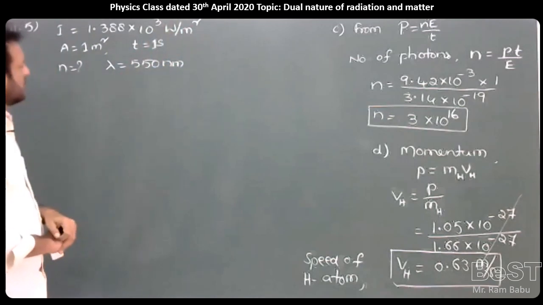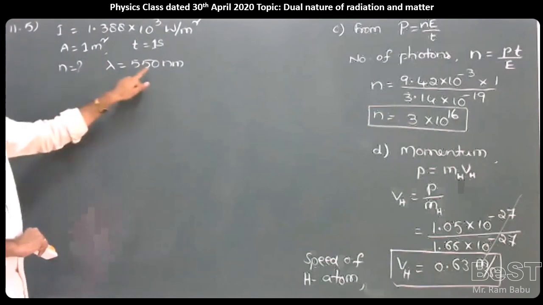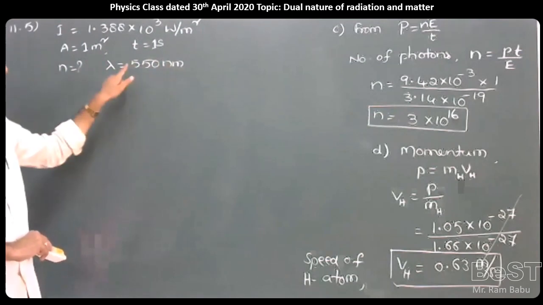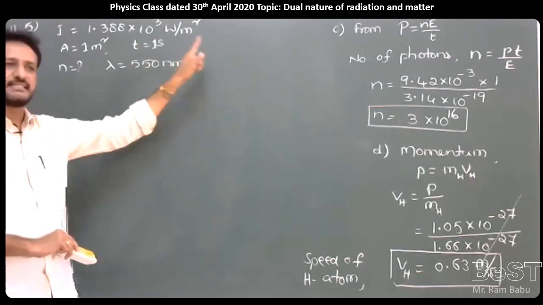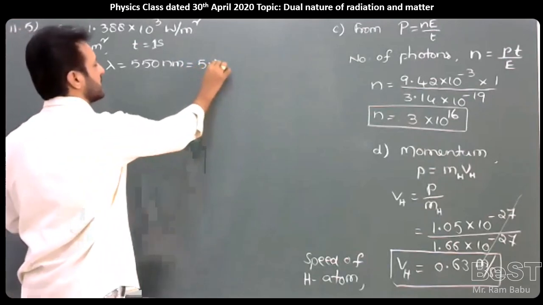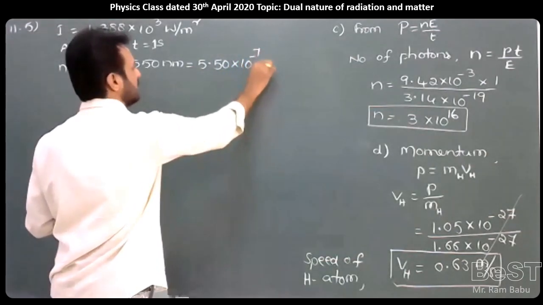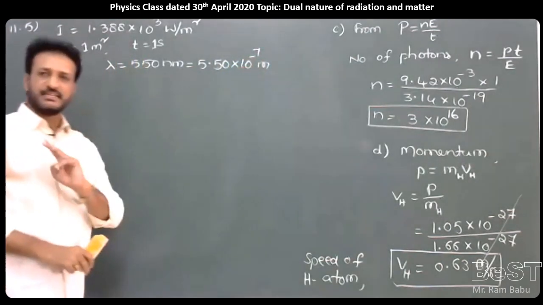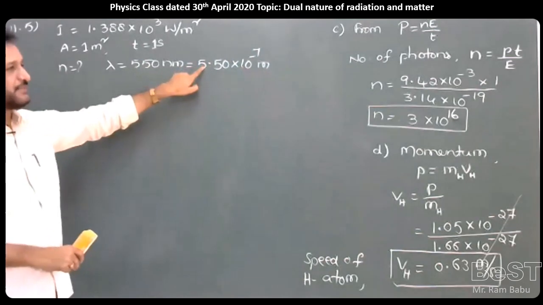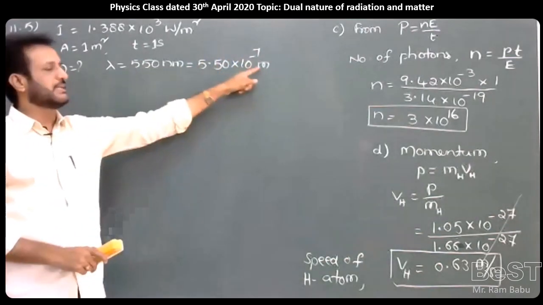And the wavelength of the sunlight, lambda, is equal to 550 nanometer. We can write 550 into 10 to the power of minus 9, or 5.5 into 10 power minus 7 meter.